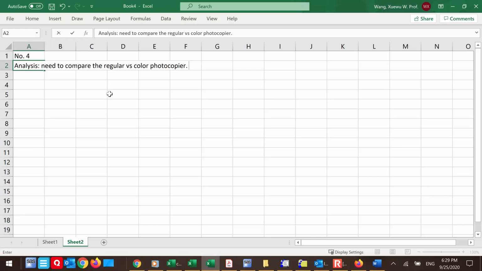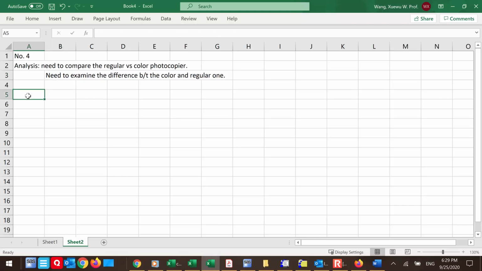So we're going to examine the difference between the color and the regular one. In other words, if I take the regular one, do I want to invest in the incremental project that allows me to go from the regular one to the color one? That is the mindset.